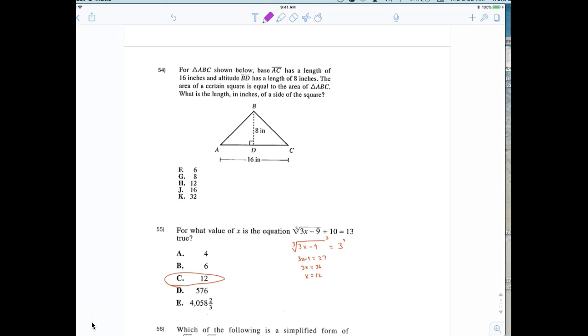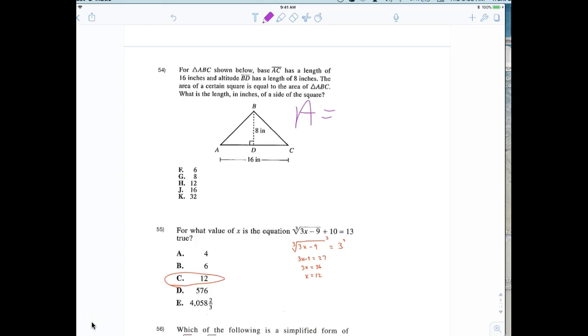It says for triangle ABC shown below, base AC has a length of 16. The altitude is the height, which is 8. The area of a certain square is equal to the area of the triangle. Somebody tell me what the area of that triangle is. 16 times 8. Exactly.